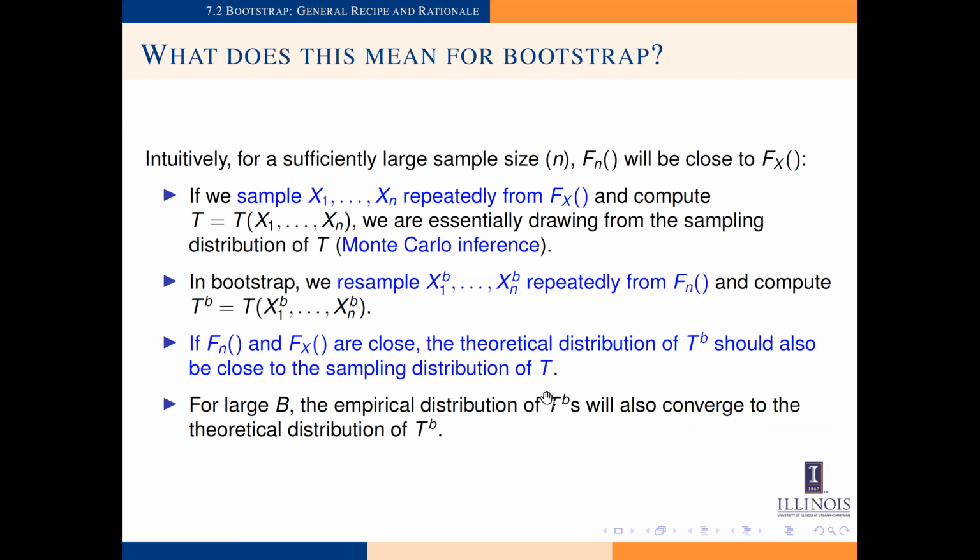And if we do a sufficiently large number of bootstrap replications, then the empirical distribution of the Tb's, which are the actual draws that we obtain, will also be close to the theoretical distribution of Tb, which is close to the sampling distribution of T. This is why the empirical distribution of Tb's we obtain using Bootstrap can approximate the sampling distribution of T, which is the thing we're interested in.